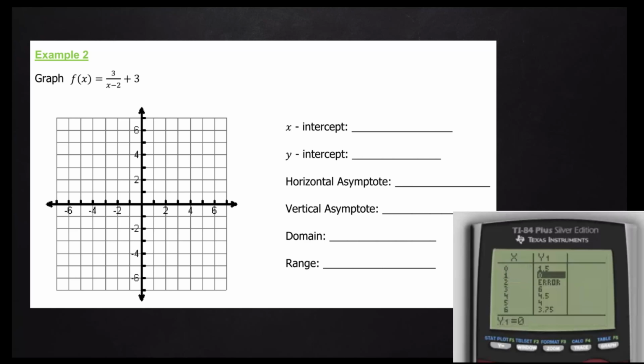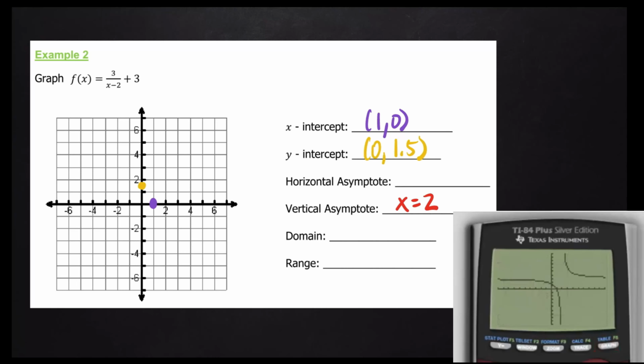So the x-intercept we can see from the table is (1, 0), so we'll put that here. Our y-intercept is (0, 1.5). You can see what the vertical asymptote is with the error in the table, and that would be this imaginary dotted line that you have.